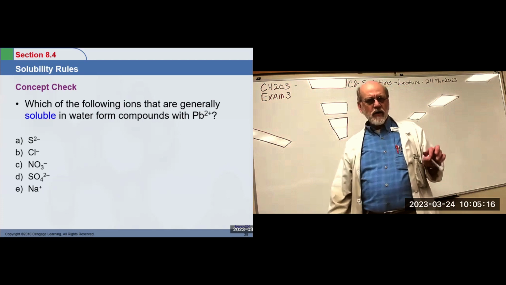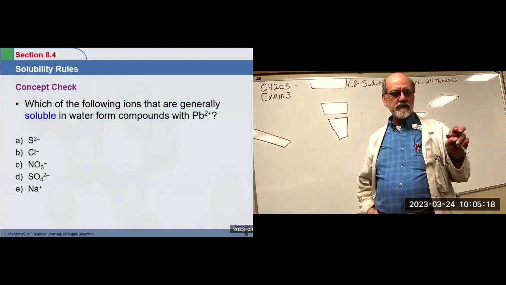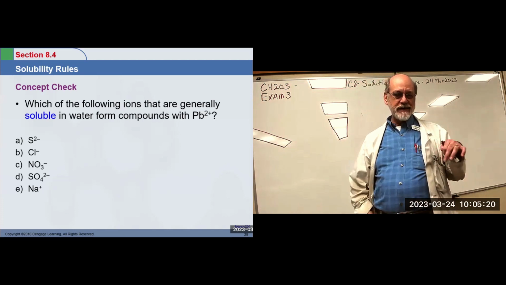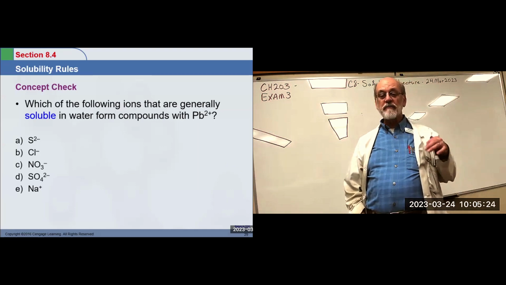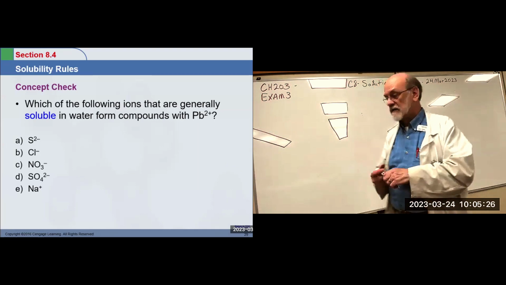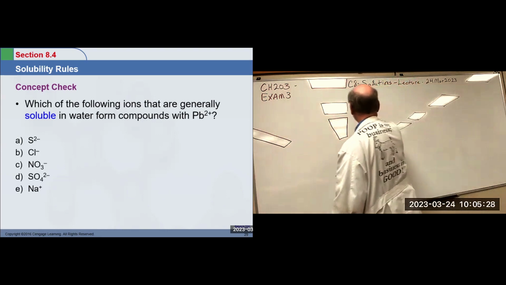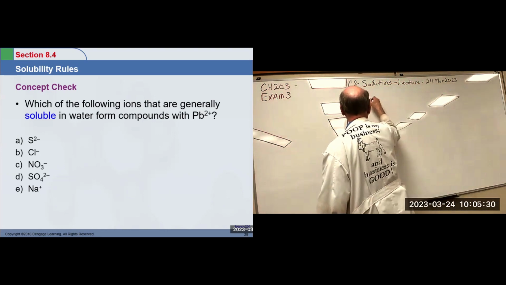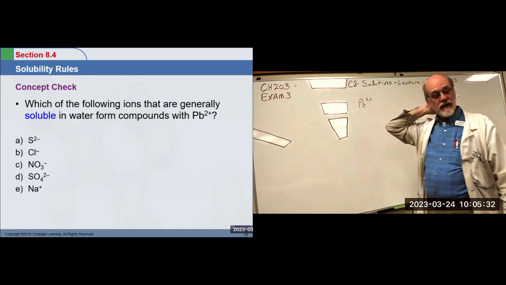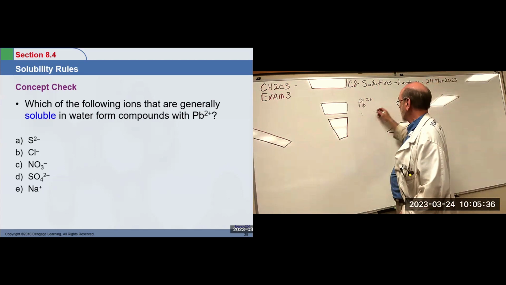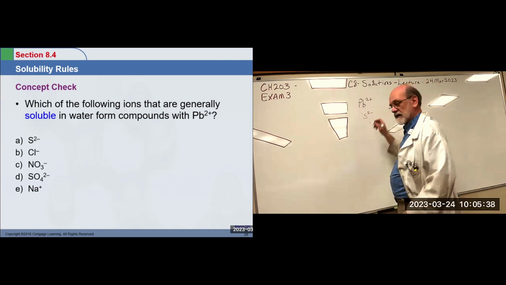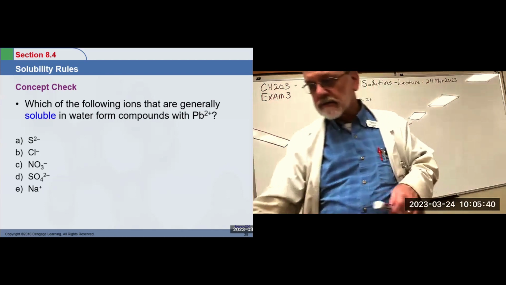Okay, so which of the following ions in this A through E are generally soluble if they're combined with lead 2+? Okay, so how about sulfide? If we combine it with sulfide, we just look at our table.